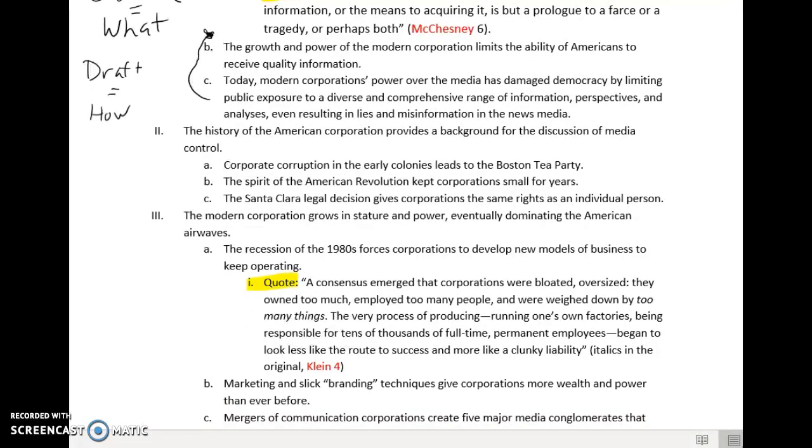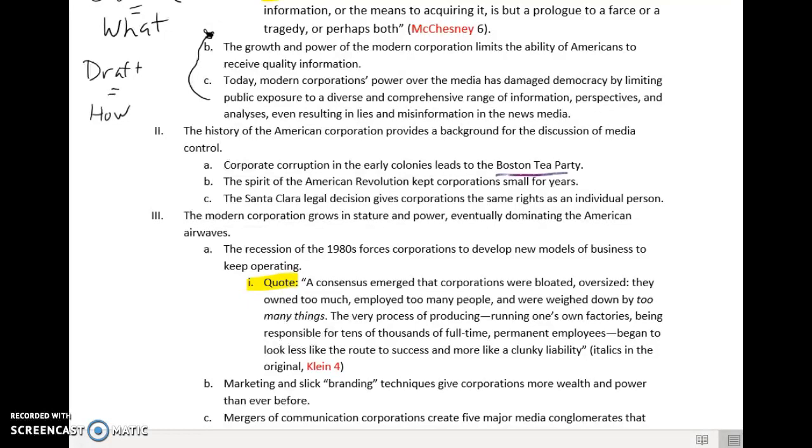You wouldn't just put something like Boston Tea Party. Because as you're sitting down to write your paper, and you're thinking, okay, my second paragraph is going to be the history of American corporation, which provides a background for the discussion of media control, which is a very complete idea, and then I just have Boston Tea Party after that.